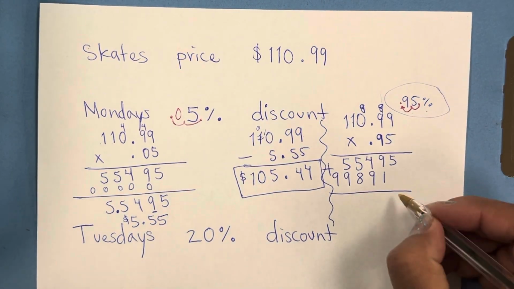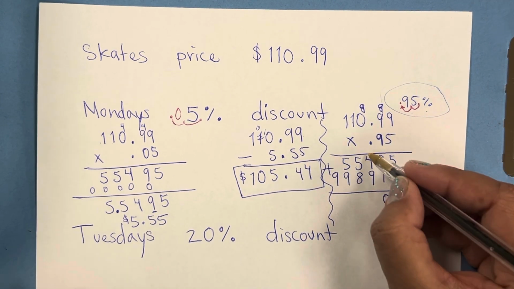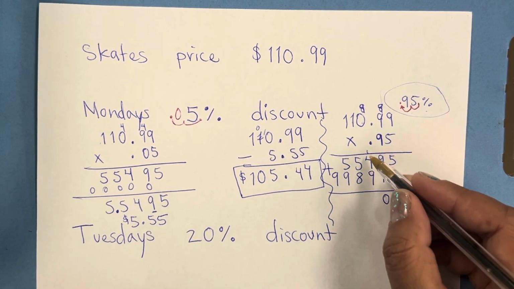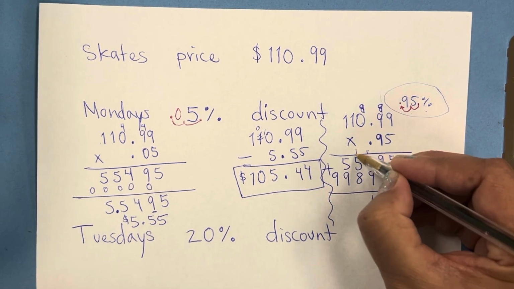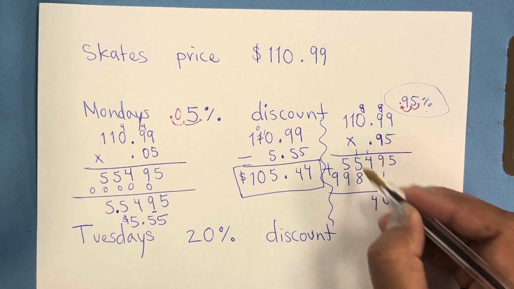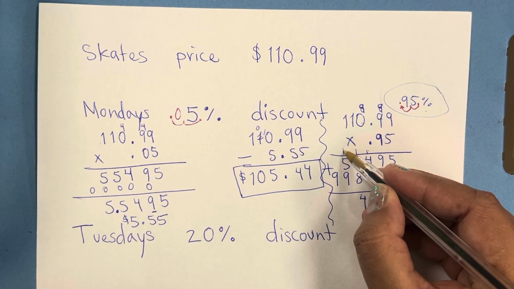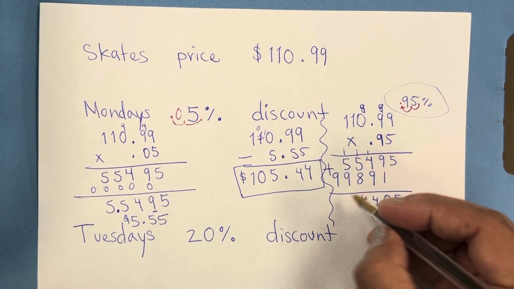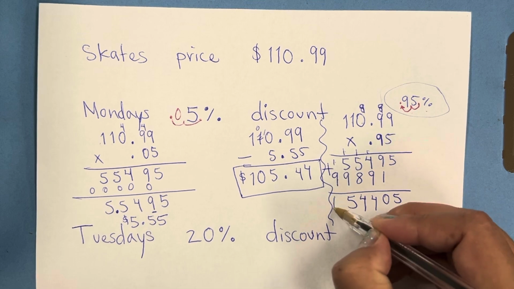We add, so we get 5. 9 plus 1 is 10, carry 1. 9 plus 1 is 10, plus 4 is 14, carry 1. 8 plus 5 is 13, plus 1 is 14, carry 1. 9 plus 1 is 10, and 5 is 15, carry 1. And 9 plus 1 is 10.